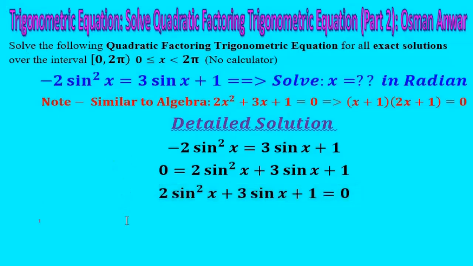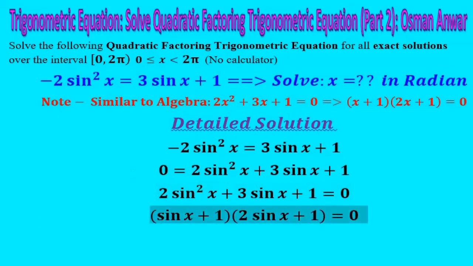That is 2 sine squared x plus 3 sine x plus 1 equals 0, which is similar to the 2x squared plus 3x plus 1 equals 0, and that is factored as x plus 1 times 2x plus 1 equals 0. And that is exactly what we will do.